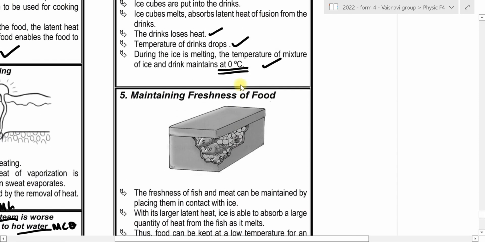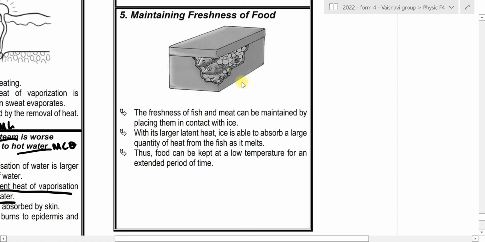Number 5, maintaining freshness of food. The freshness of fish and meat can be maintained by placing them in contact with ice. ஏன் ஐஸ் போடுறோம்? With its larger latent heat of fusion, of course ice கட்டினா fusion. Ice is able to absorb large quantity of the heat from the fish.